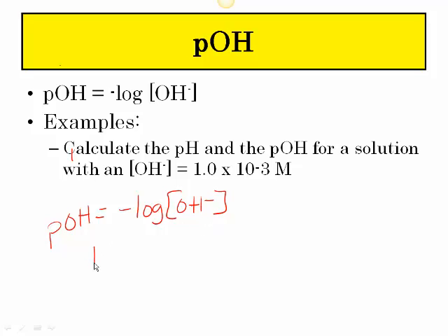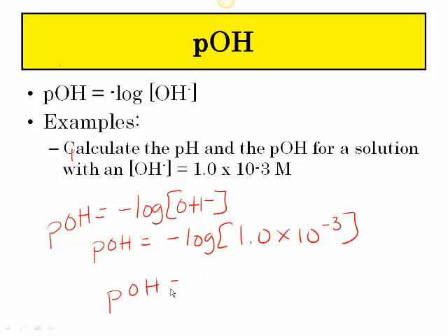And so I'm just going to say that the pOH is equal to the negative log of 1.0 times 10 to the negative third. And so my pOH is going to be equal to 3 in this case.